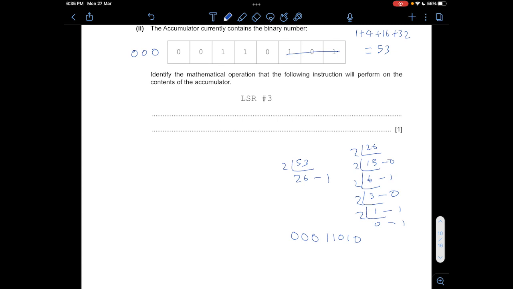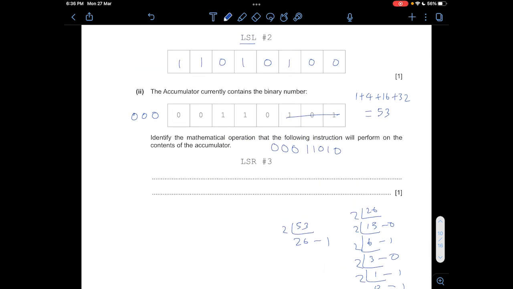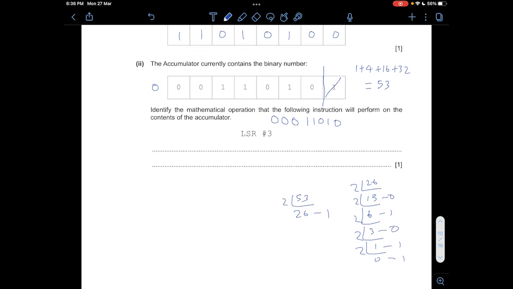Here, when we compare this value with the one on top, you realize that 0 0 is introduced on the left, and the arrangement of the numbers is still the same, 1 1 0 1 0, but this 1 on the right hand side, the farthest side, is now omitted, and everything starts from this side, and then there's 0 0 introduced on the left. So that's why it's division, because when you divide, you actually get a value that is the same as doing the LSR operation.